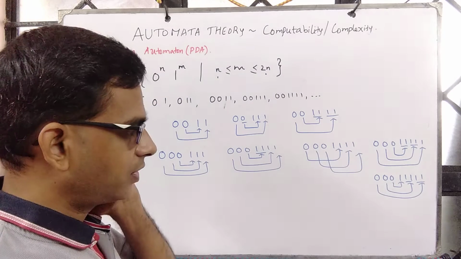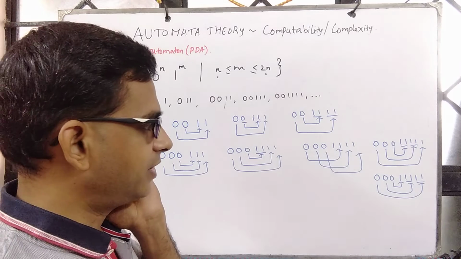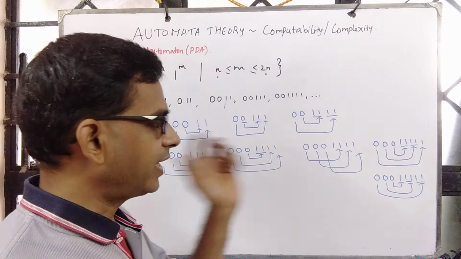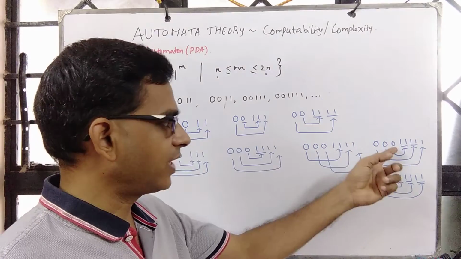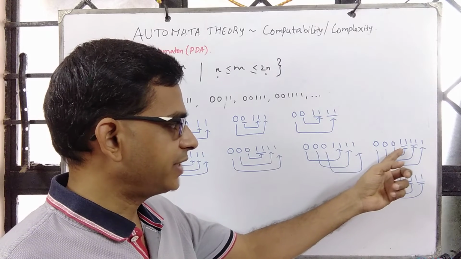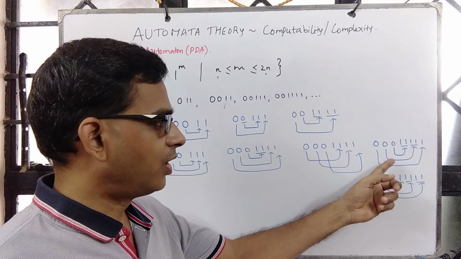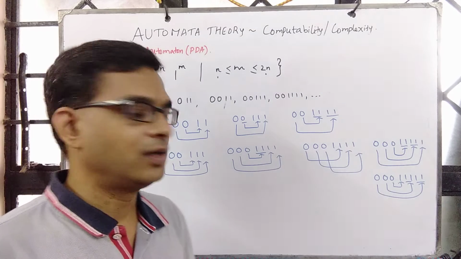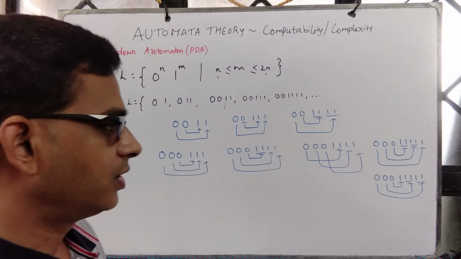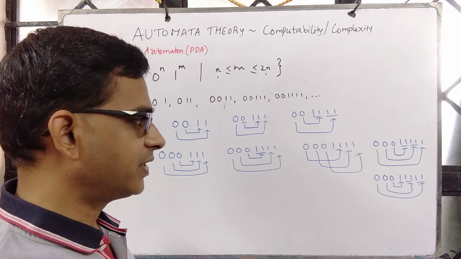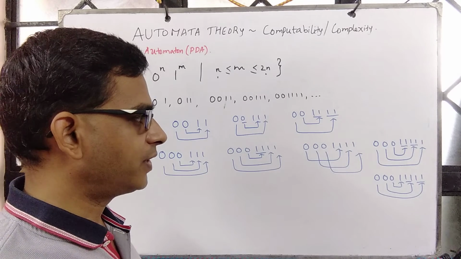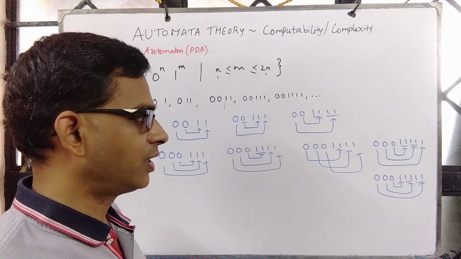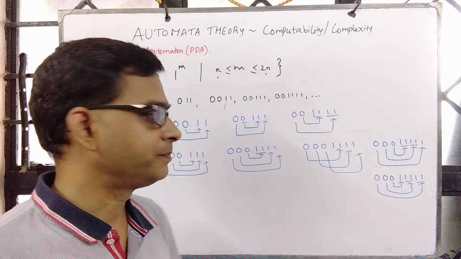Okay, so let's see. Having given this, now you see that the machine has to take a call. Should I associate a pair or should I associate just a single one? How will the automaton think of whether it should go for two ones or just one one?